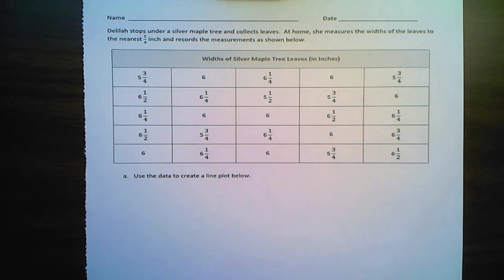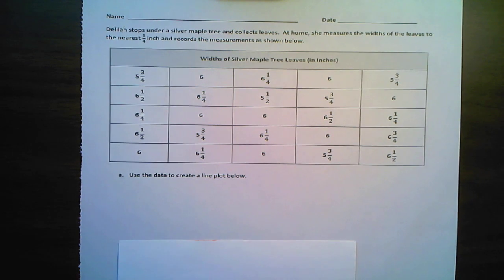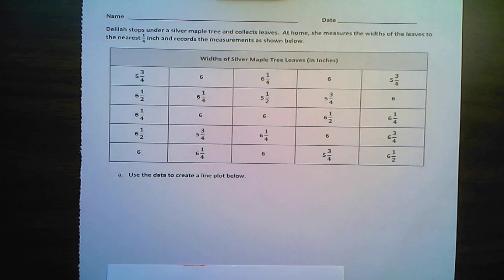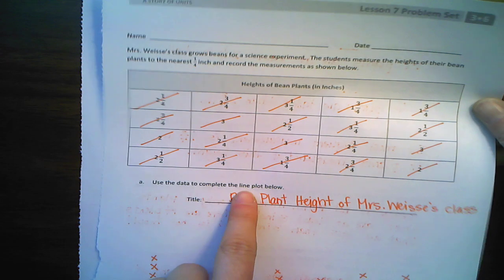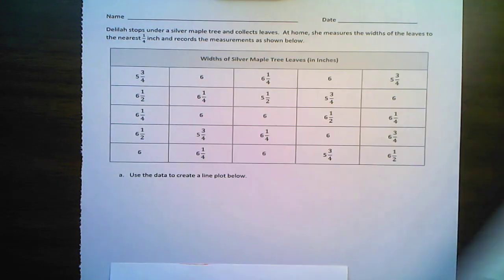If you have your straight edge, that's what I'm going to use to make a line. I'm going to look at yesterday's problem set to see how we did it so we can remember all of the things that we need. Okay, so we had a title, we had the line plot, and then we had the label.